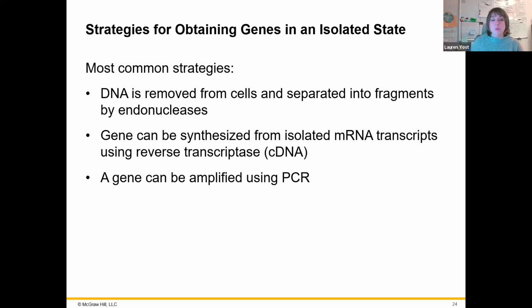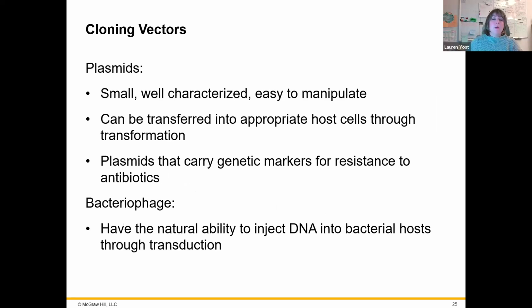Oftentimes, we will remove DNA from targets, cut them into pieces with endonucleases, and then stick them back together and seal them again using DNA ligase. If we need more DNA in order to work with it properly, then we can amplify that DNA using PCR. Again, plasmids, circular bits of DNA that can be basically altered by cutting with restriction enzymes.